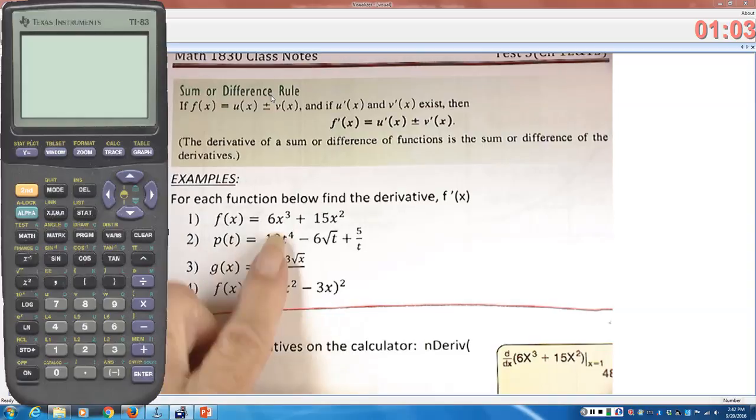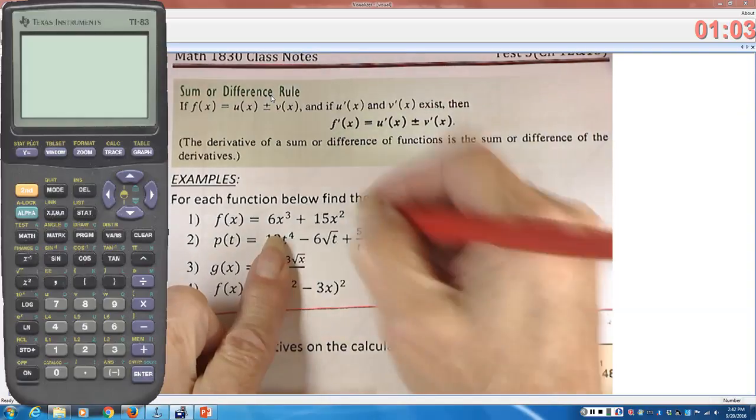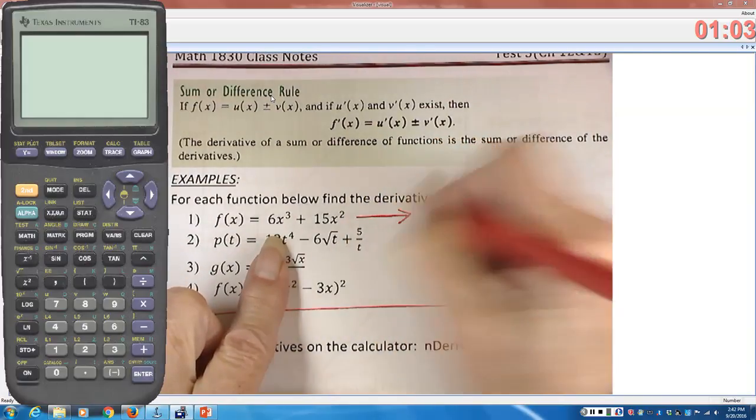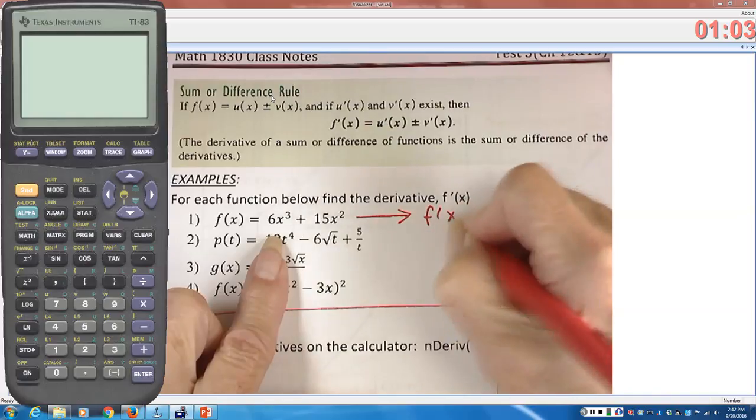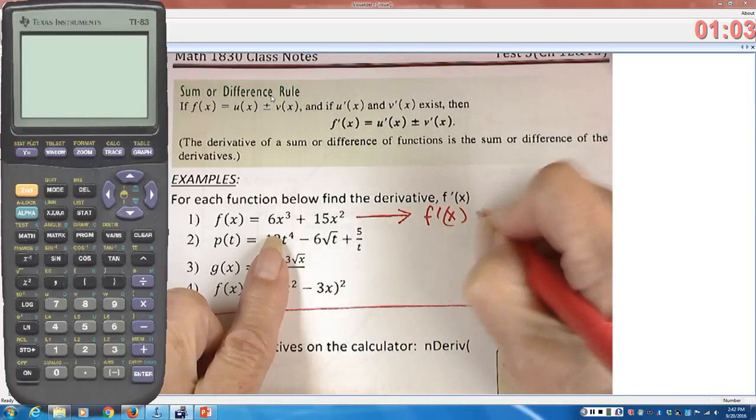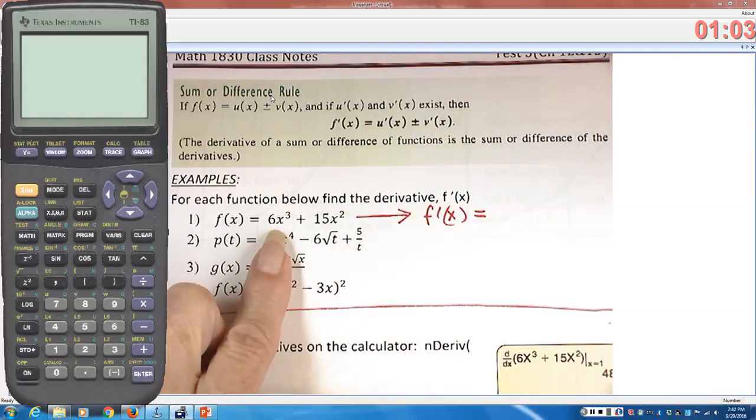So for this one, my derivative is going to be f prime of x, and my first term is 6x to the third.